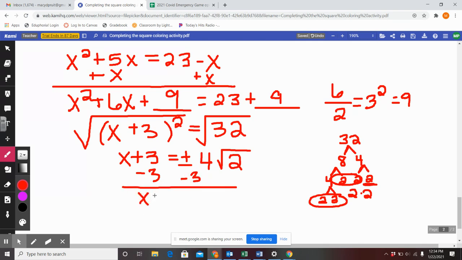So x equals negative 3 plus or minus 4 square root of 2. If you have an irrational number, you're just going to write that number in front of it.